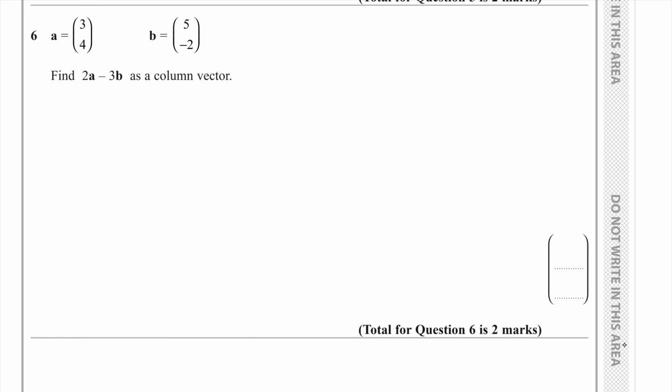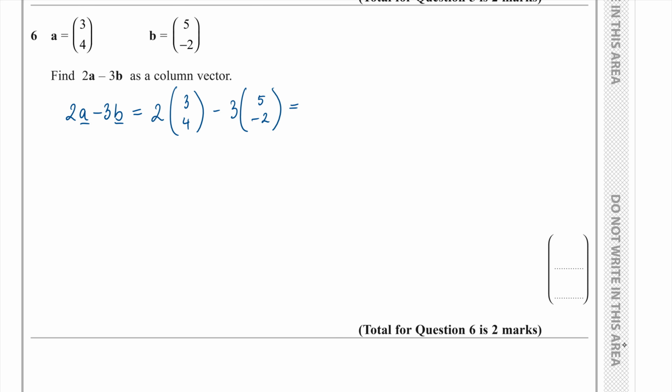Question 6. We have two column vectors, a and b. Find 2a minus 3b as a column vector. 2a minus 3b is equal to 2 times the column vector a, which is 3, 4, minus 3 times the column vector b, which is 5, minus 2.